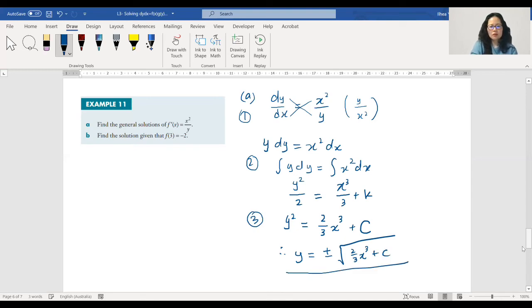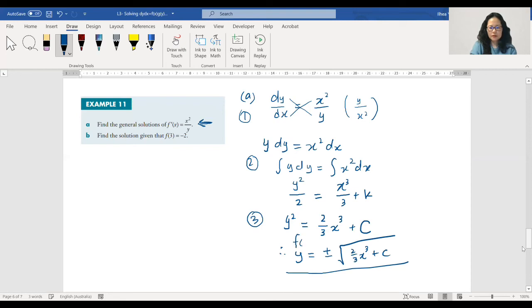Now, luckily, we don't have to worry about the condition. Like the last one, we had to worry about the condition, but this one didn't have any condition. So it's better if I put f of x.